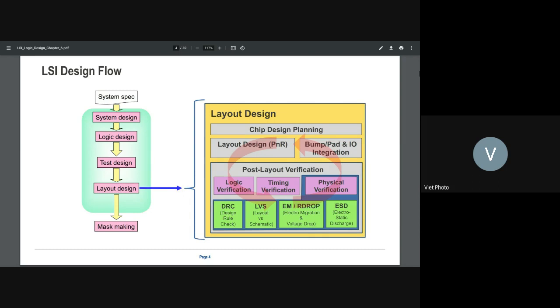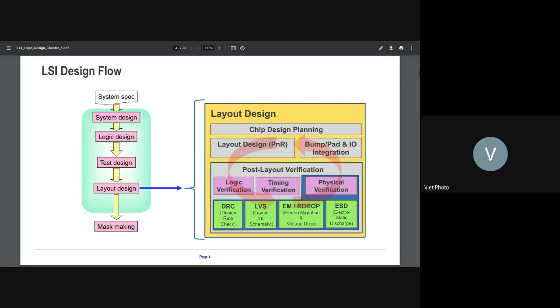The transistor is made by having the poly in the middle of two diffusion areas, N or P. So that poly will be the gate of the MOS transistor, and it will be connected to middle 1. That via will be called via 0, or something like that, depending on the vendor, the foundry. From middle 1 to middle 2, it will be via 1, and up until middle 9, 10, then via 9, and so on.